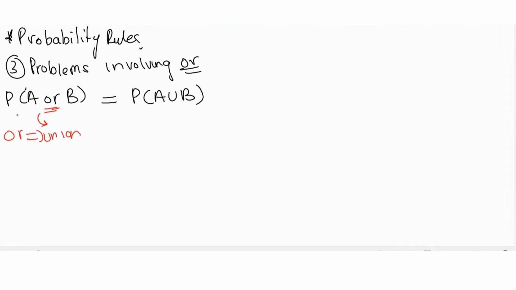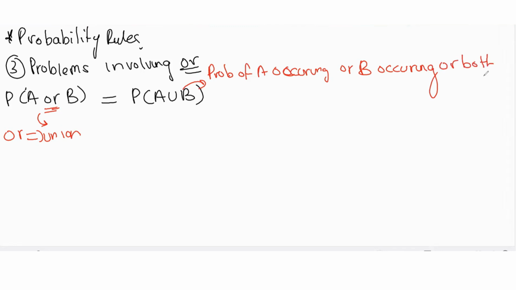And by this, we're referring to the probability of A occurring, or B occurring, or both occurring.